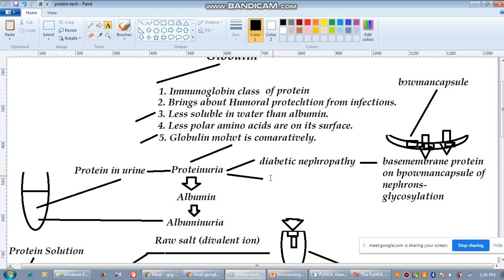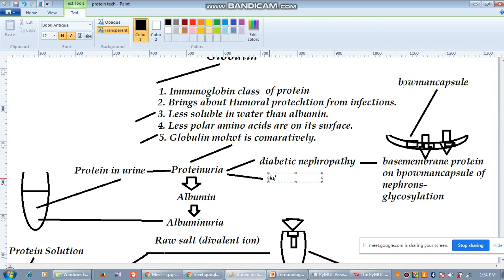For example, diabetic nephropathy, other kidney diseases, infection, and also some physiological conditions, for example, pregnancy. In this case also protein will come out through urine. These are the cases where proteinuria can be seen.